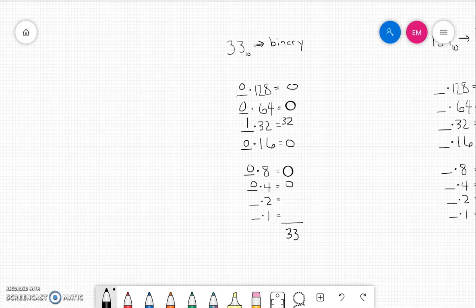Adding even 2 to 32 would give me 34, and that's too much, so 0 of them. The last thing is I'm going to need 1 in the 1's place value. As I add up all my numbers in this column, 32 plus 1 gives me the 33.